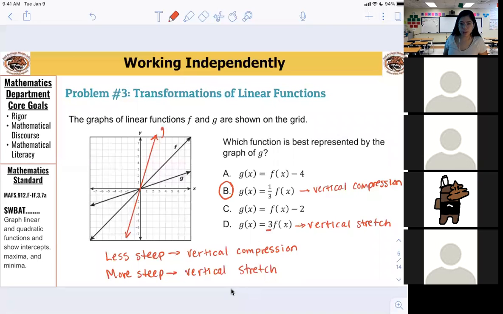So that's what a vertical stretch looks like. And then what would A do to the graph? Bring it down. Good. This would be down by 4. And then answer choice C would be down by 2. Exactly. All right, so good to be able to see it both on a graph and also how they write it mathematically. Any questions on number 3?